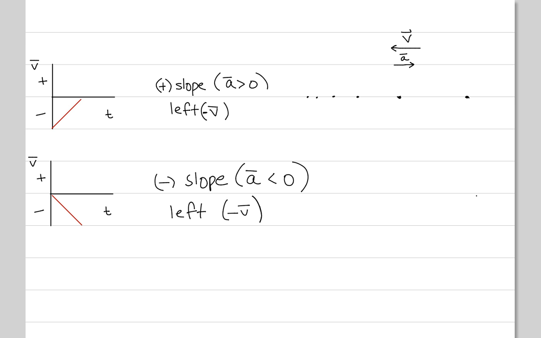So the vector for acceleration and the vector for velocity are in the same direction, so you must be speeding up. You're speeding up to the left. Correct, like the other ones we talked about? Yeah. So speeding up to the left means you start off slow, and then they start to get farther apart.